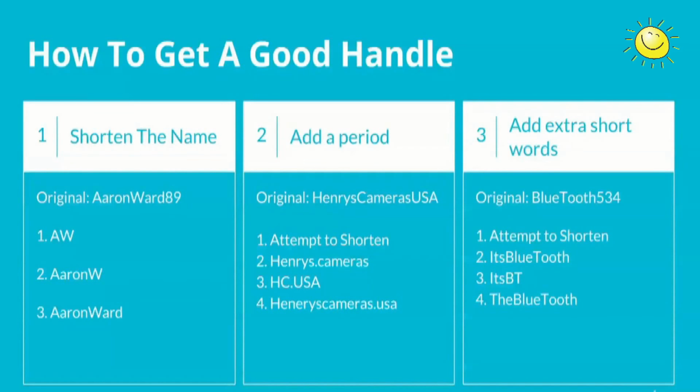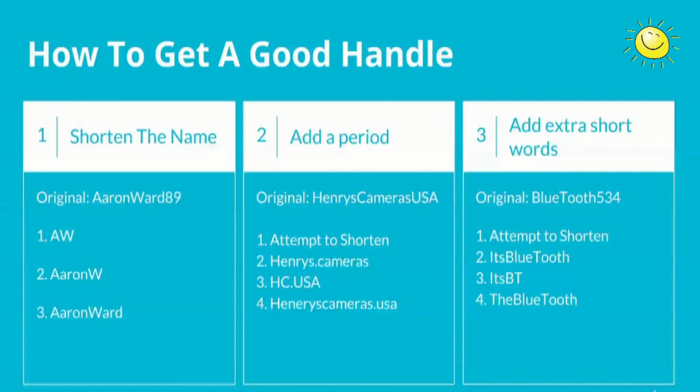What we're going to get onto next is adding an extra short word. Great words to use, for example, are the, we, it's, etc. Just very short, generally three-letter words, which add on to the word itself and make it a lot easier to remember. The original word in this case would be Bluetooth 534. We attempt to shorten that. Nothing works. We've also maybe tried to add periods to it.